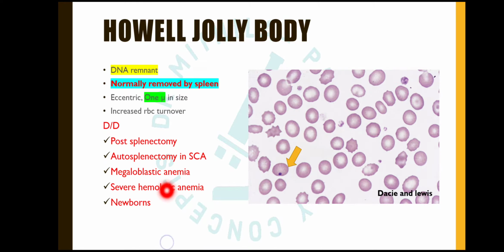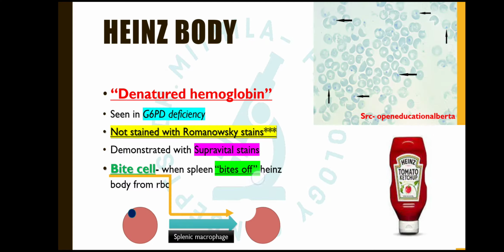In newborns, when there is increased erythropoiesis, sometimes these nuclear remnants remain within the RBCs, so they are not removed. The spleen is not able to remove them because of the increased production. So in all those cases, Howell-Jolly body can be seen. These are the important differential diagnoses. You have to remember megaloblastic anemia and sickle cell anemia for the MCQs.